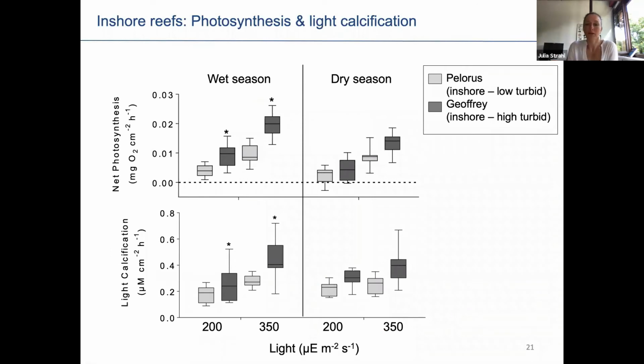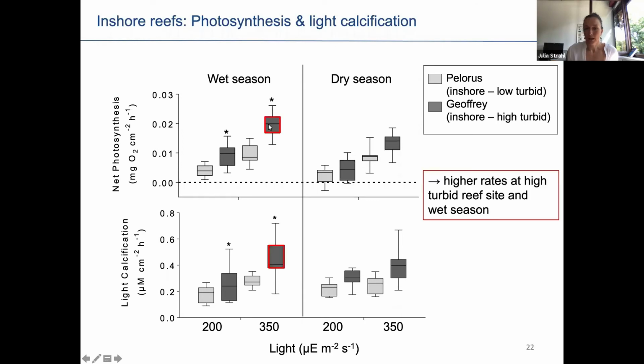And here you can already see the results. So this is net photosynthesis and light calcification, so the light dependent physiological parameters measured in live coral branches. And you can see that the productivity, including net photosynthesis and light calcification, was actually highest at Jeffrey Bay during the wet season, which was in the first place surprising.